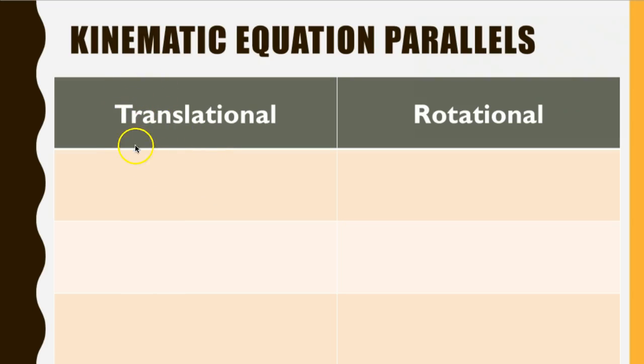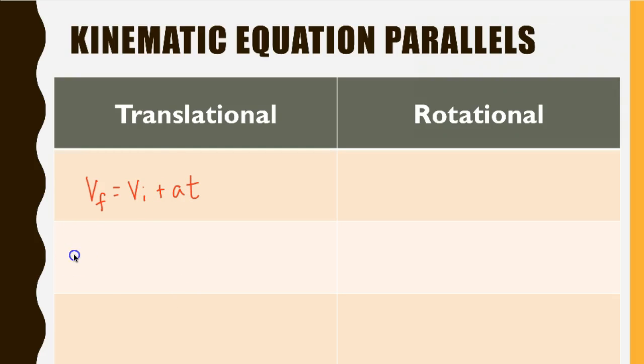If you think back to your translational motion formulas, I typically think of two or three big formulas that stick out. I think of this formula: the final velocity equals the initial velocity plus acceleration times time.